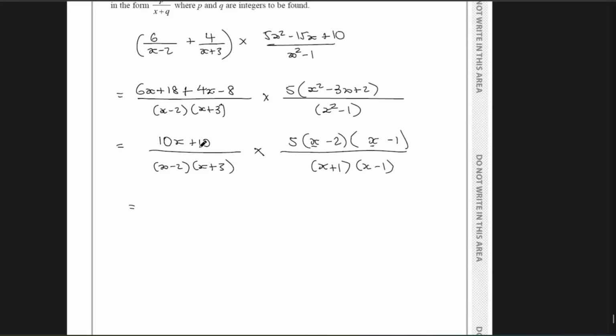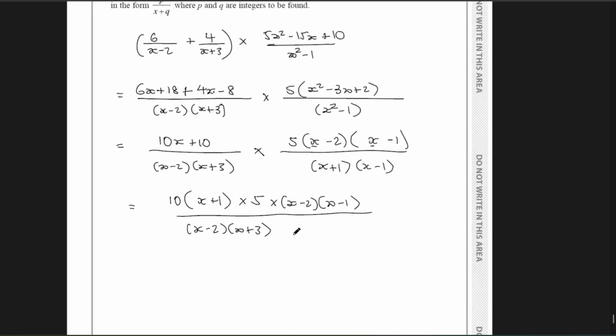We will factorize the 10 in the numerator of the first fraction. So 10 times x plus 1 times 5 times x minus 2 times x minus 1 divided by x minus 2, x plus 3, x plus 1, x minus 1.